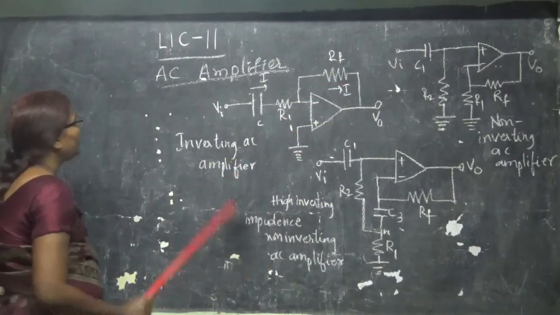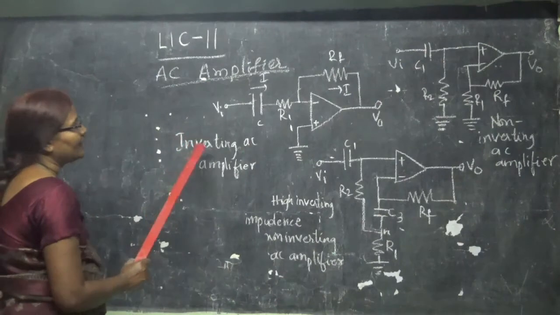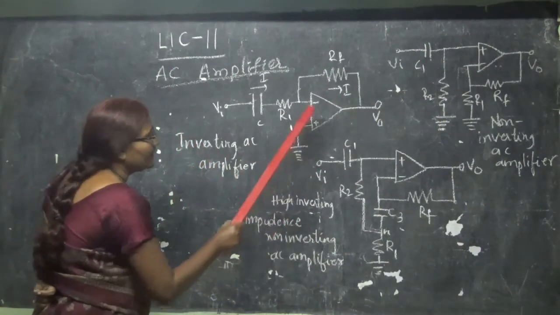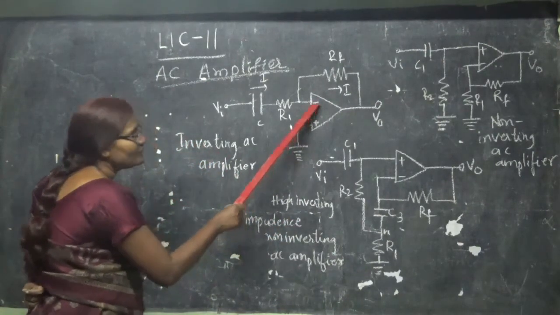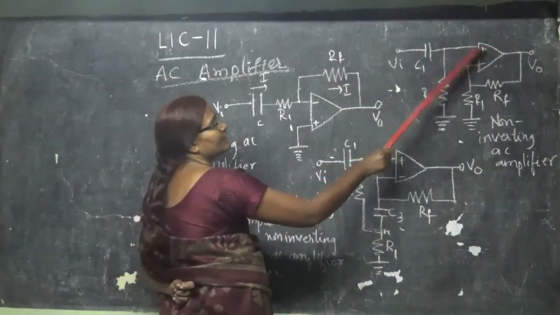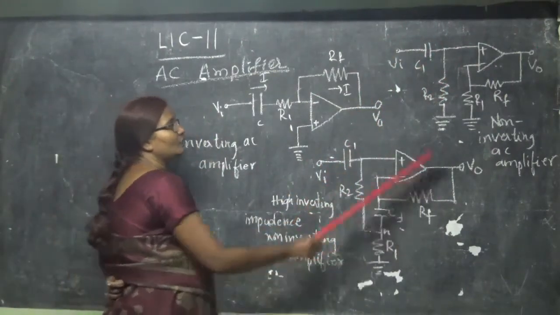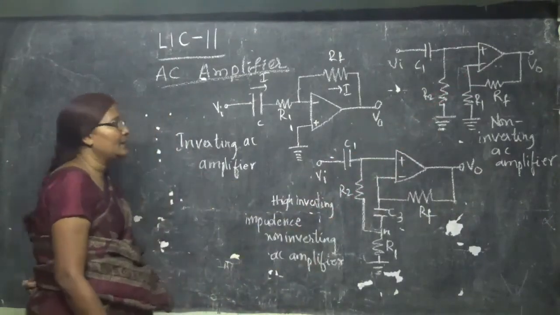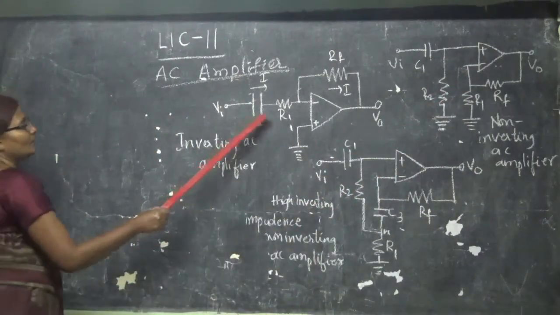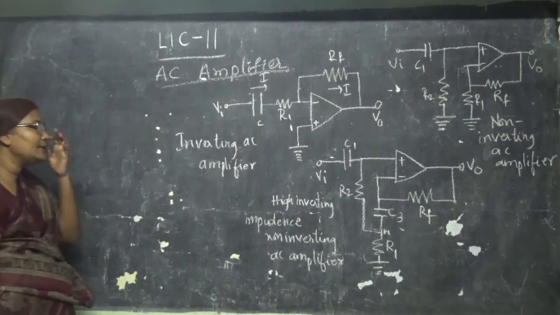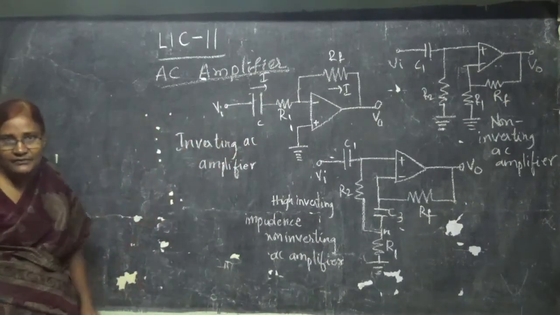So now I am dealing with the AC amplifier in inverting mode as well as non-inverting mode. This is the modification of the non-inverting mode op amp. Here, first, this is nothing but a high pass filter.